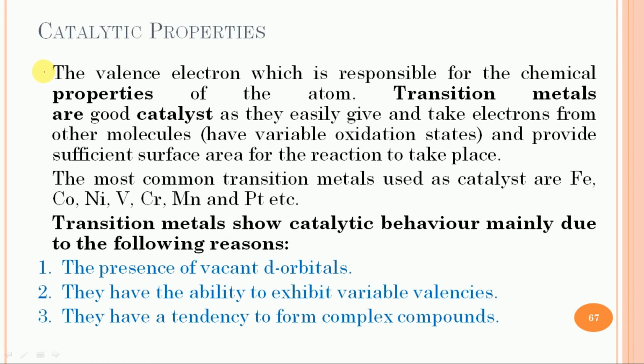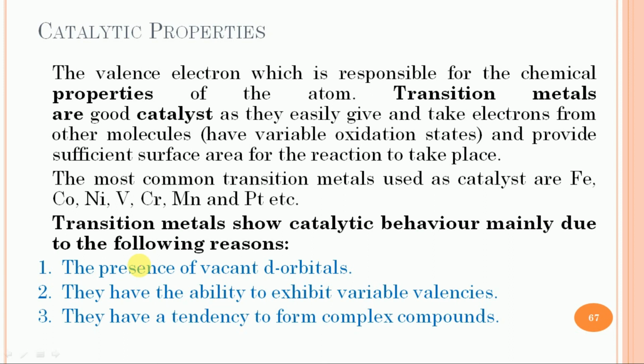Catalytic properties. The valence electrons are responsible for the chemical properties of the atom. The transition metals are good catalysts as they easily give and take electrons from other molecules and provide sufficient surface area for the reaction to take place. The most common transition metals used as catalysts are iron, cobalt, nickel, vanadium, chromium, manganese, and platinum.